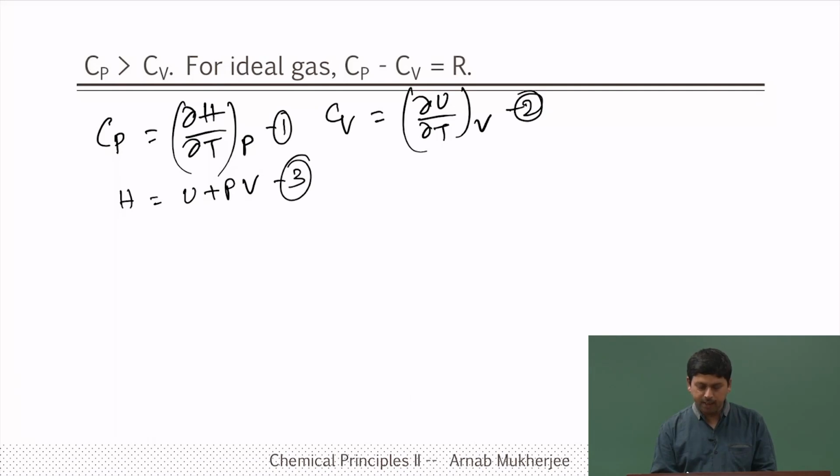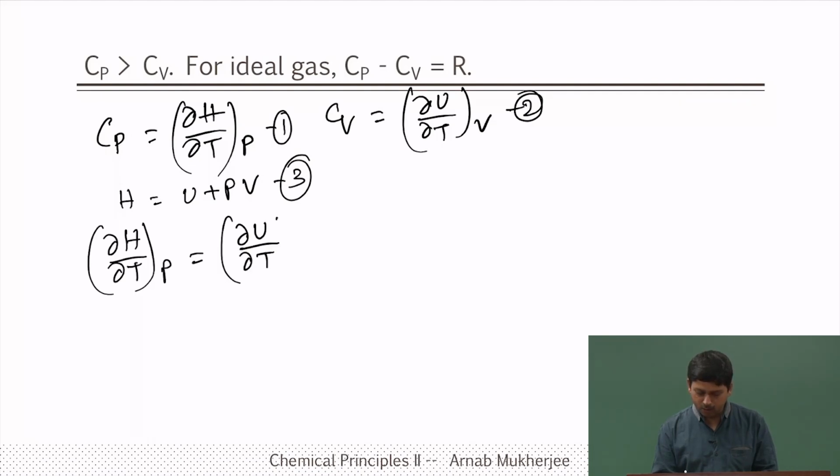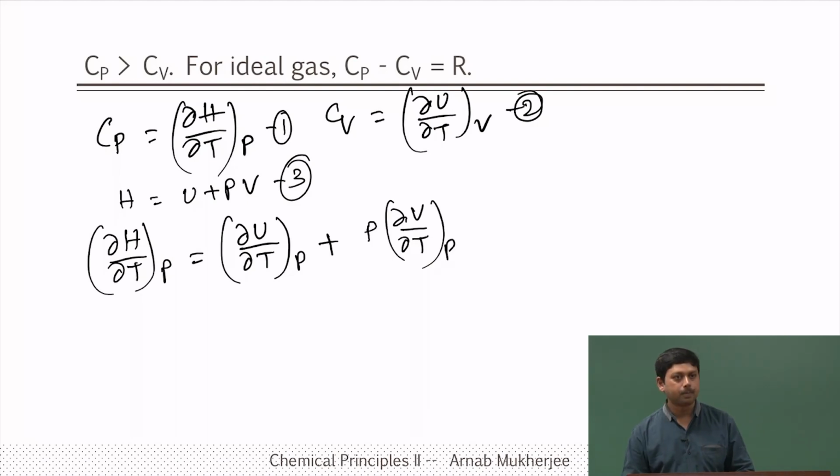Then differentiating both sides of equation 3 with T, we get del H by del T at a constant pressure equal to del U by del T at a constant pressure plus, since P is constant, we do not have to do the product differentiation, we can just take P out and get del V by del T at a constant pressure. This step is fine.